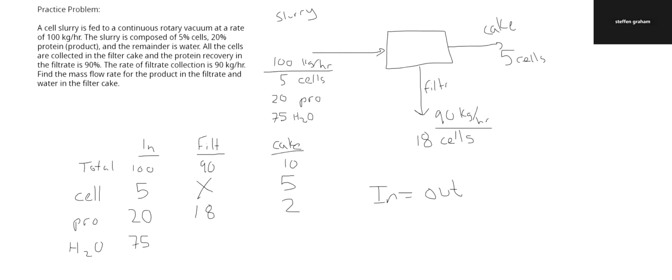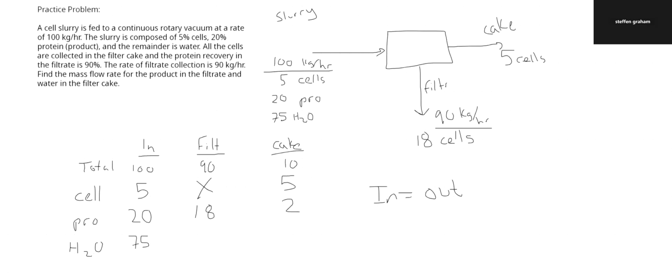And okay, so now we get to do a little bit of solving. So we have 90 kilograms per hour in our filtrate, and 18 kilograms per hour are of the protein. We were able to determine that from the tidbit about recovery that we got.